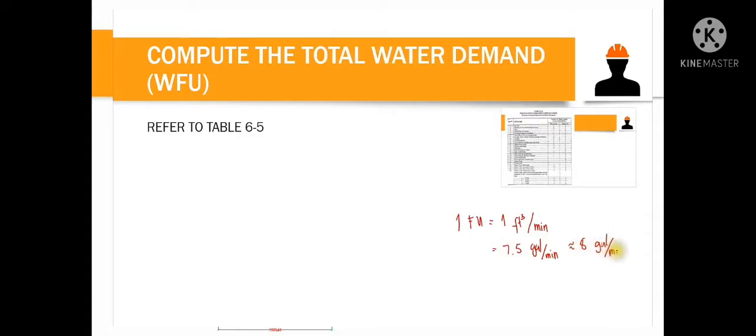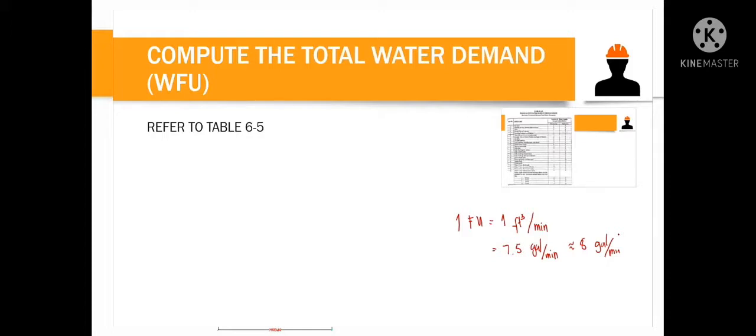This is the maximum. If we use that fixture every minute, the maximum amount of water we can consume is 8 gallons, or 1 cubic foot, every minute.